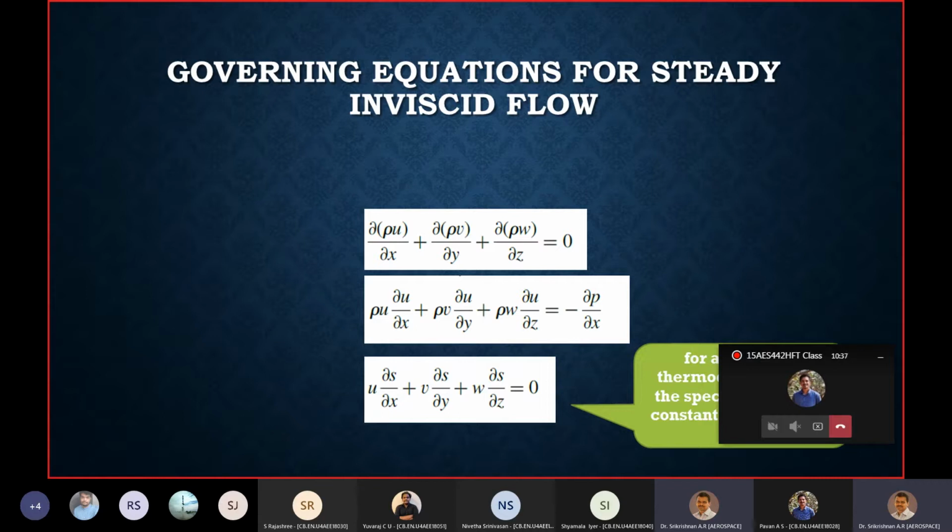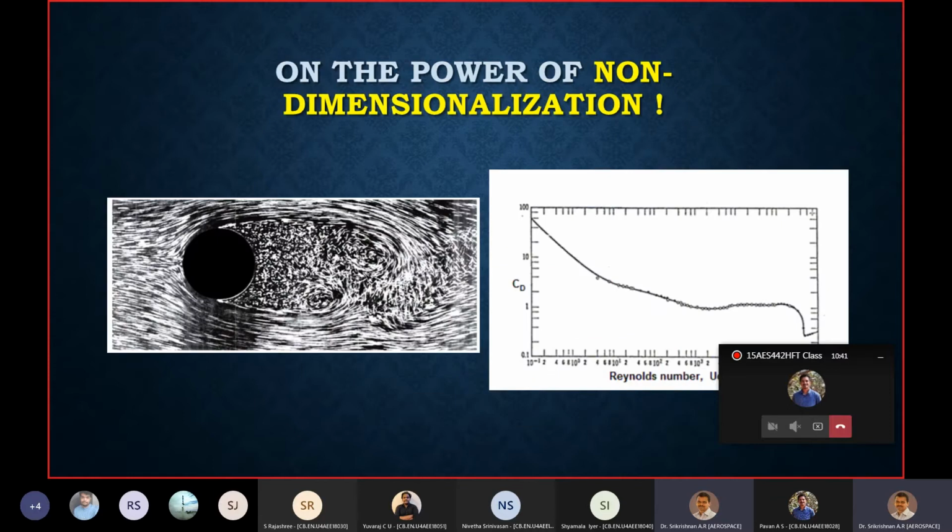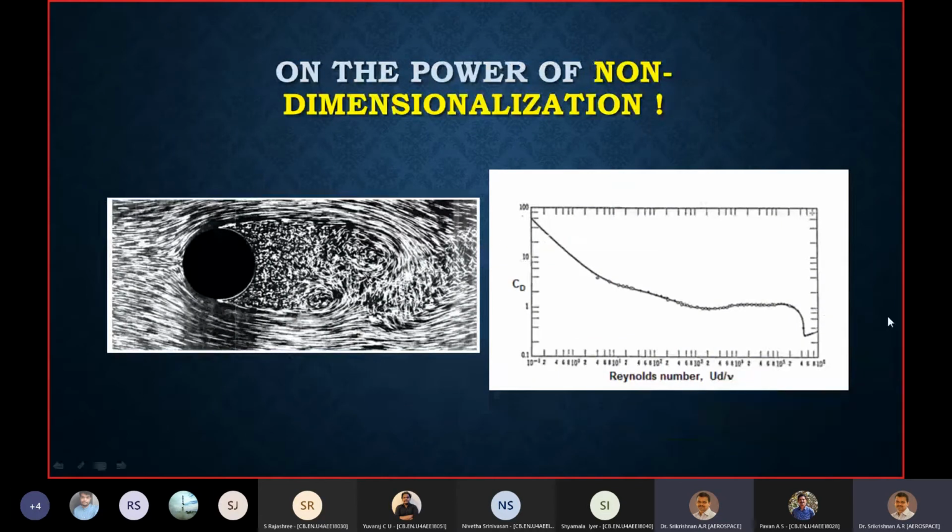So that's one major advantage of non-dimensionalization. I often quote this example of flow past cylinders. Probably I've mentioned it earlier also, when we discussed a long time ago, maybe in incompressible flow, etc.